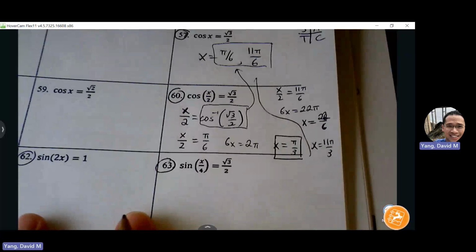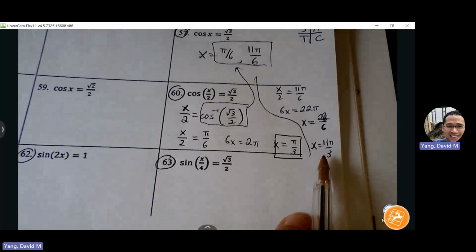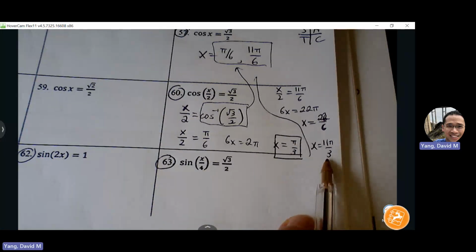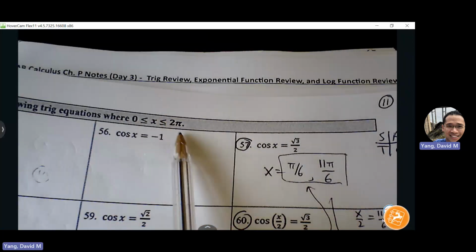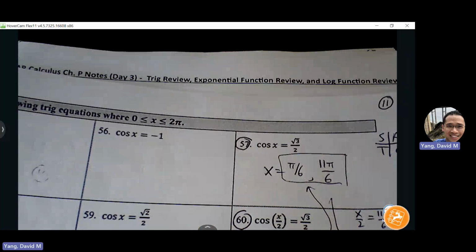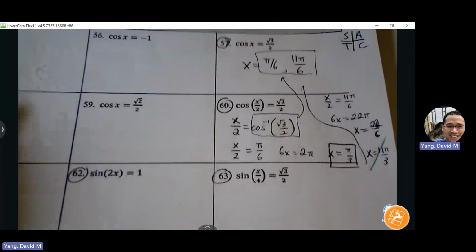But the problem with 11 pi over 3 is that this is more than 2 pi, right? So if it was 6 pi over 3, that would still be within the interval, but 11 pi over 3 is already further out than our domain, so we can remove it. It's not part of our solution.